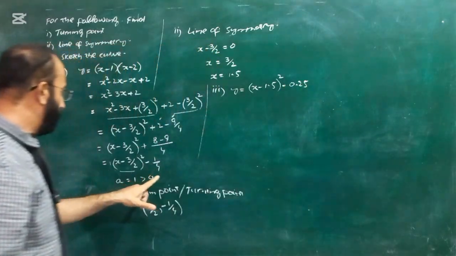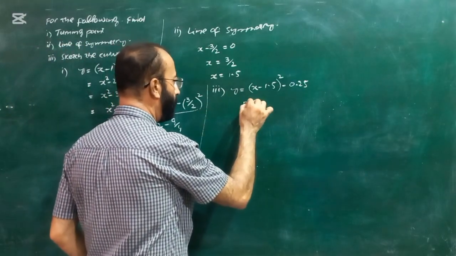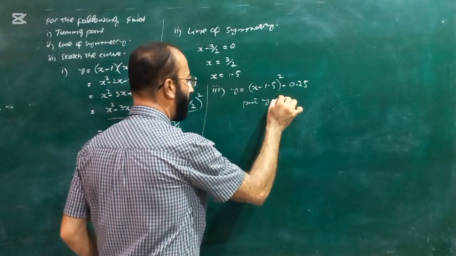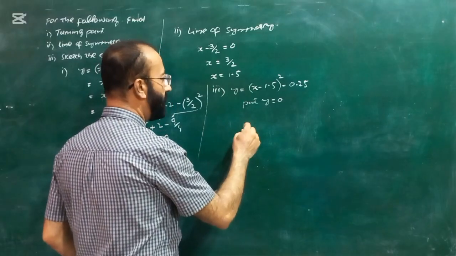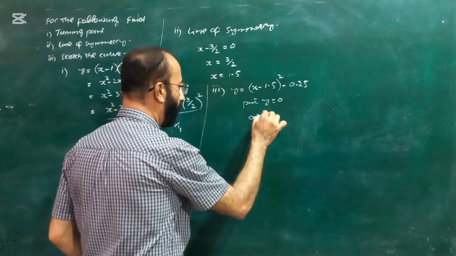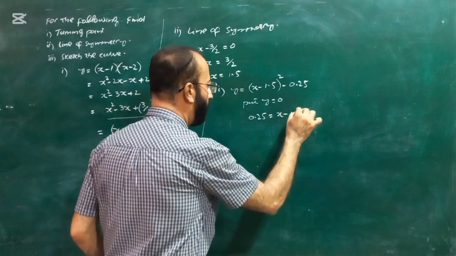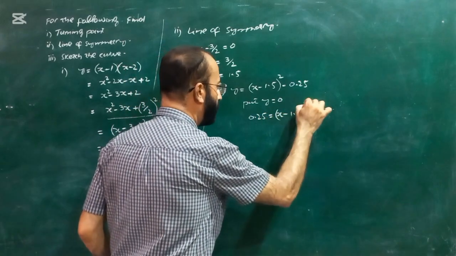So this is the equation. Now put y is equal to 0. So when this is 0, 0.25 will be equal to x minus 1.5 whole square.